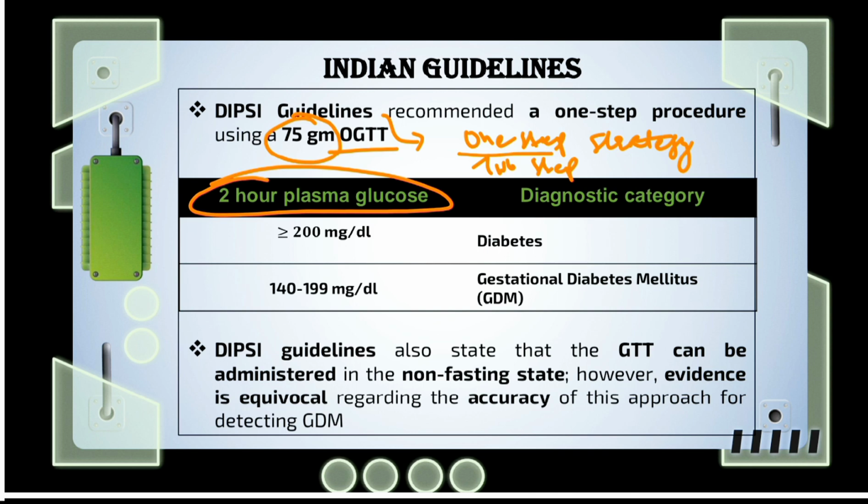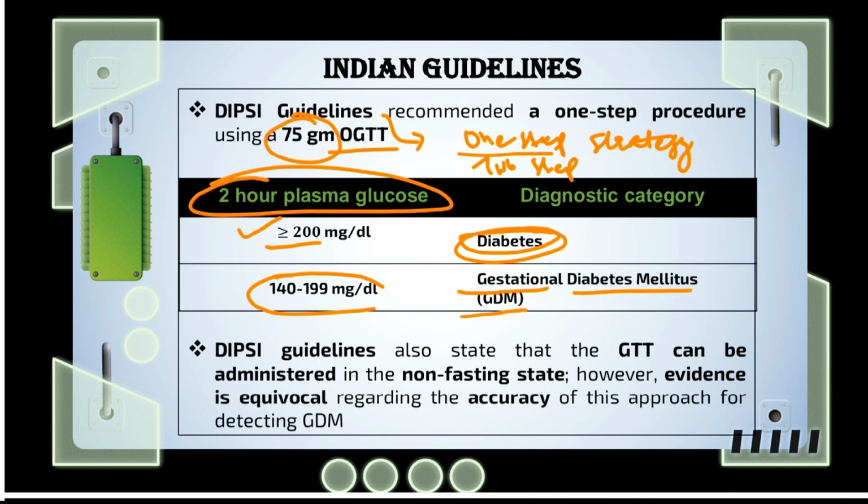If the plasma glucose level after 2 hours is more than or equal to 200 mg per deciliter, then it is labeled as diabetes. If the plasma glucose level is between 140 to 199 mg per deciliter, then this is labeled as gestational diabetes mellitus, GDM.